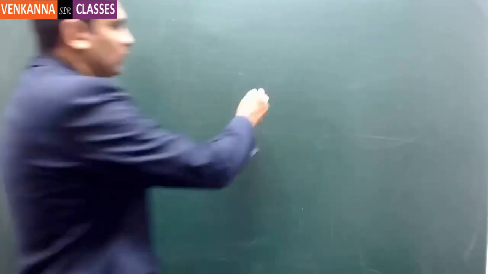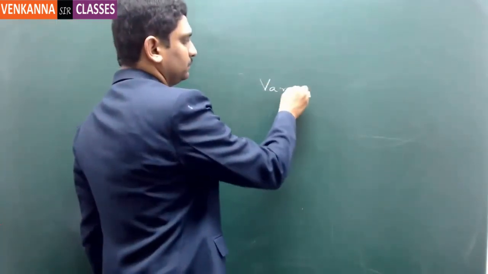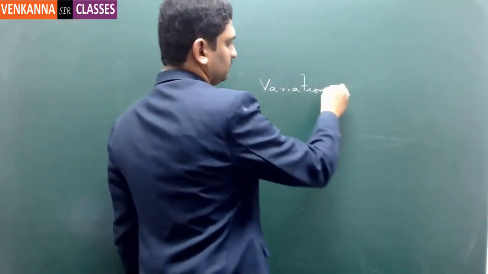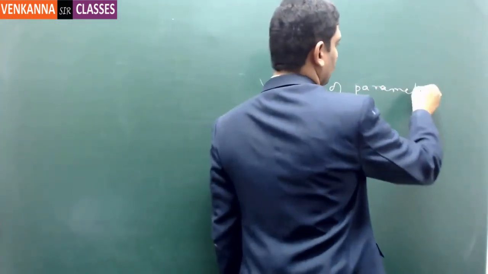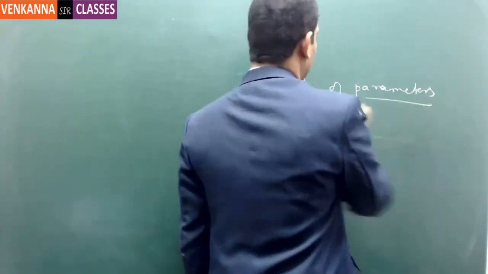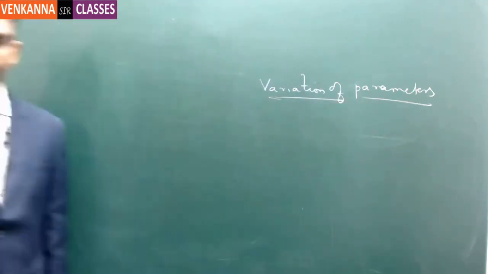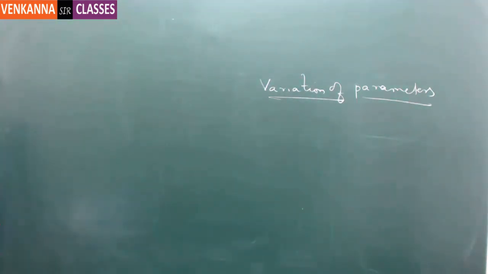So here we go with variation of parameters. Usually, a problem will be asked as: solve this using variation of parameters. Otherwise, in the majority of cases also, we can use variation of parameters exclusively for second order differential equations.